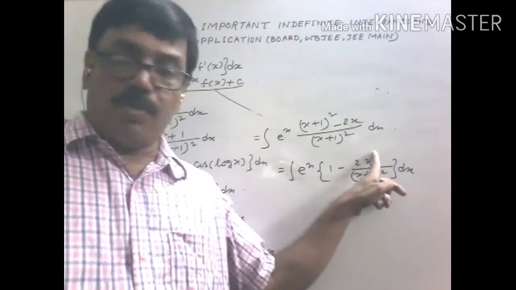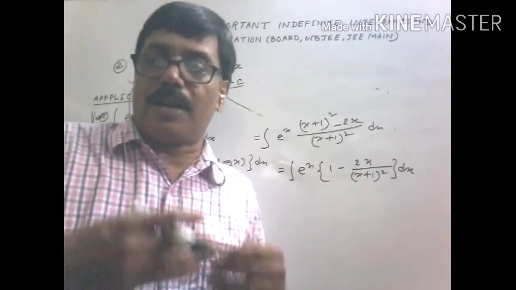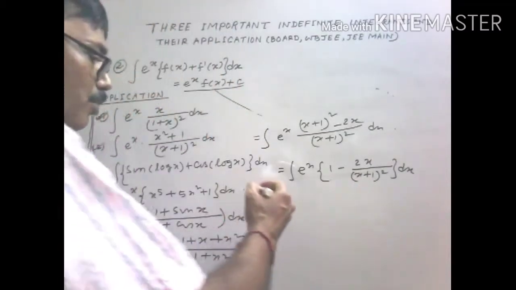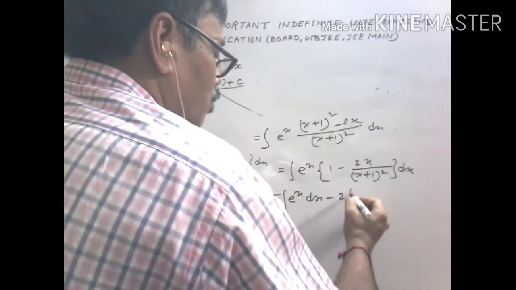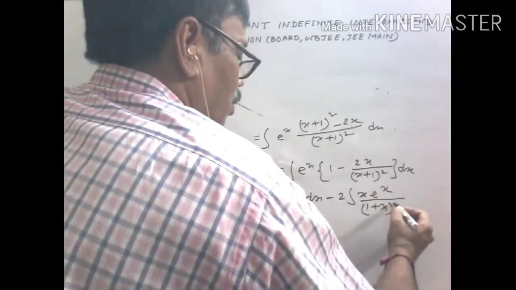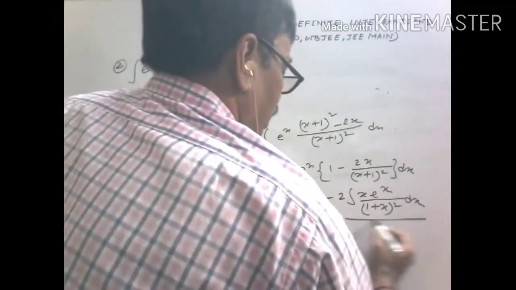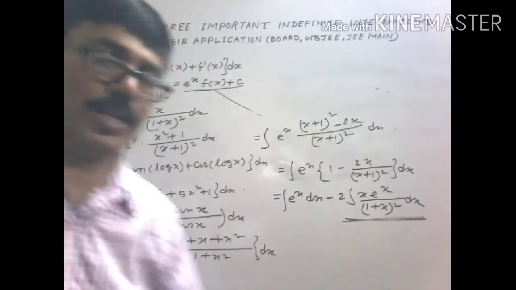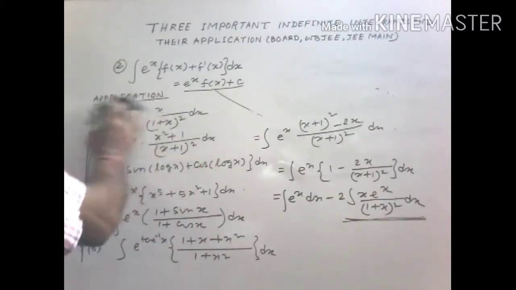Now the derivative of 1 is not this one, and the derivative of this is not 1 either, so we cannot apply this theory directly. So write it in two parts: e to the power x dx minus 2 outside, x e to the power x by 1 plus x whole square dx. Now this is of the first type, and you can easily integrate it. So this one is 2. Now the third one.